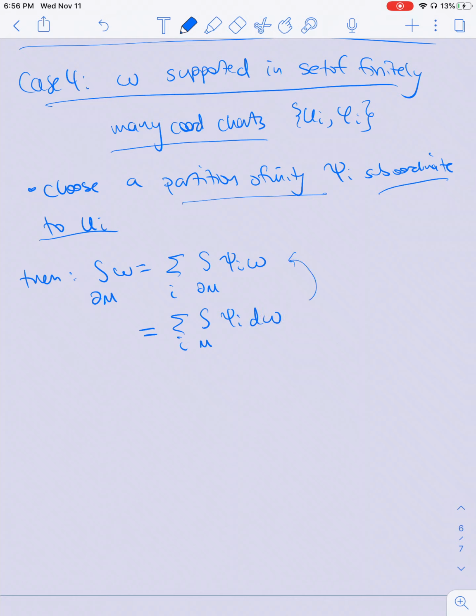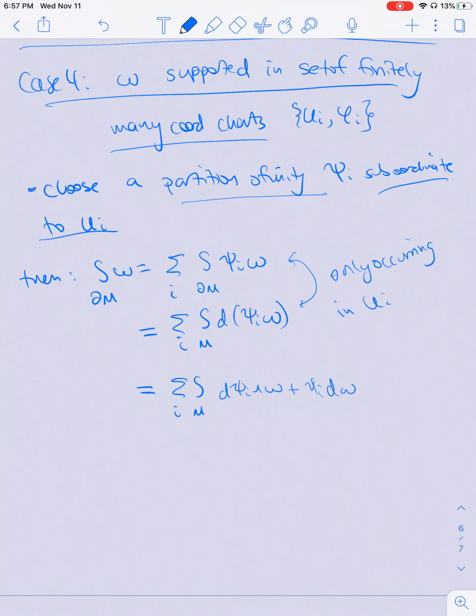That's because all of these computations are only occurring in the single coordinate charts U_i, or the restriction of those coordinate charts to the boundary of M. And now by the properties of d, this is going to be d psi_i wedge omega plus, because psi_i is just a function, I get a plus sign here, psi_i d omega.